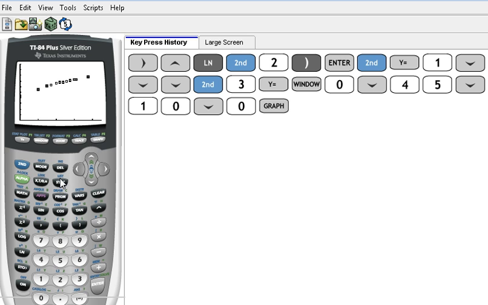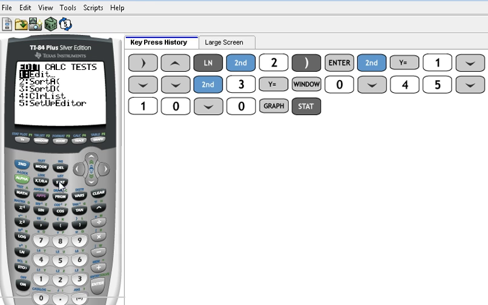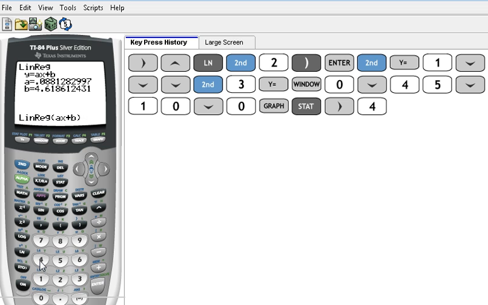So I'm going to go to Stat, Calc, and 4 for linear regression, but this time I must enter L1 and L3 because the default is L1 and L2. So first of all, after the linear regression command, I'm going to enter second 1 for L1.